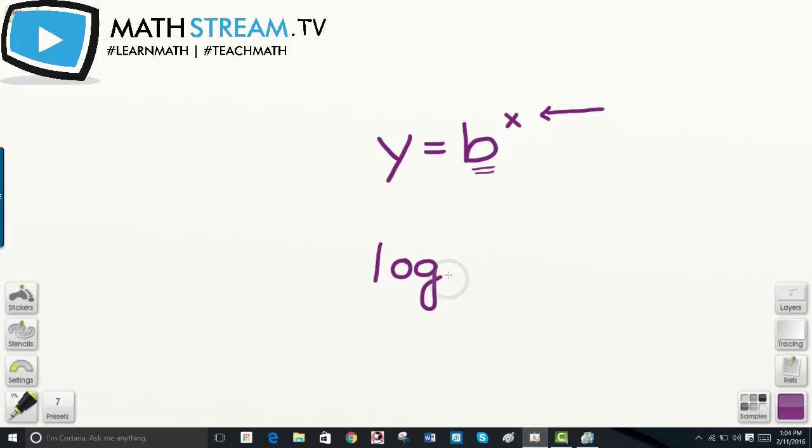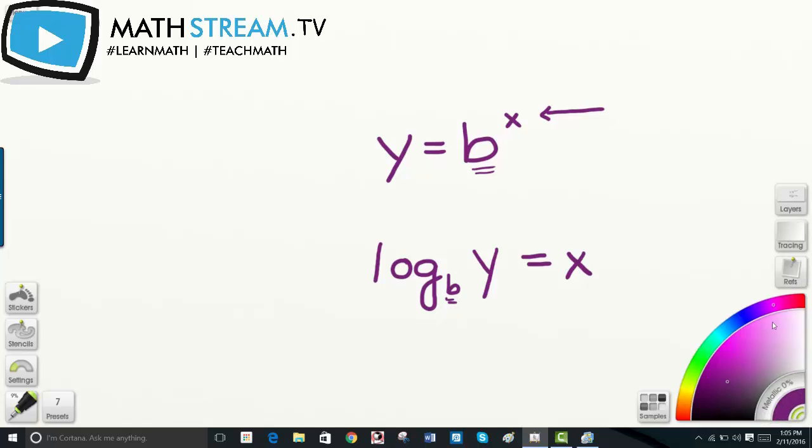But we also call it a base in the logarithm, and we write it with a subscript, log base b of y, in other words, the output of this function, equals x. So any expression y equals b to the x can be rewritten in logarithmic form as log base b of y equals x.